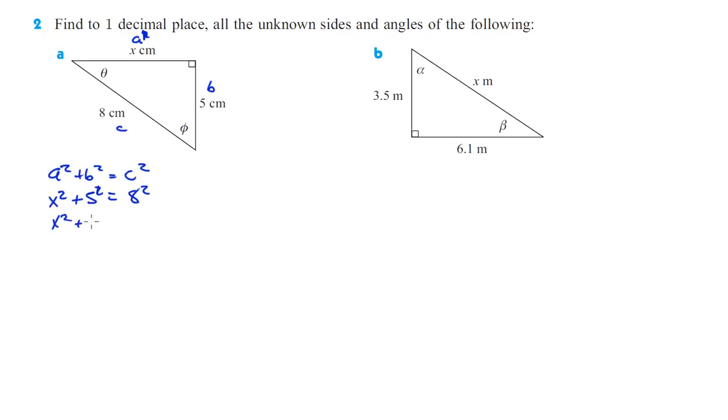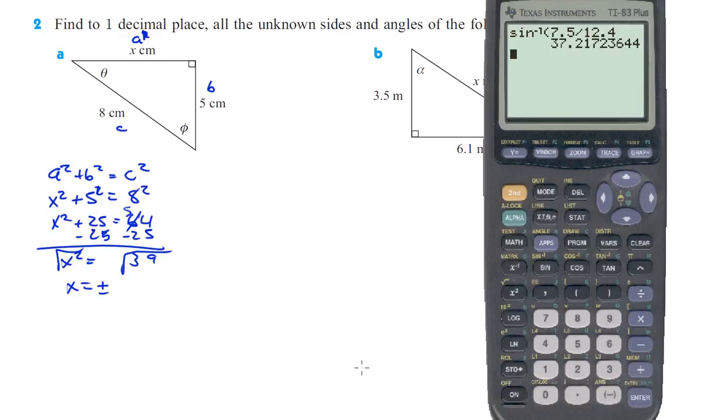So x squared plus 25 equals 64. So we subtract 25. X squared equals 64 minus 25. So that's going to be 39. Is that what we get? Okay, so then we would square root both sides to get x equals plus or minus the square root of 39.